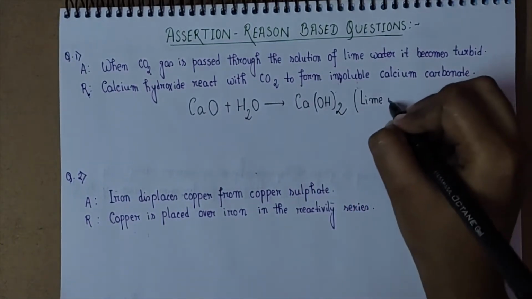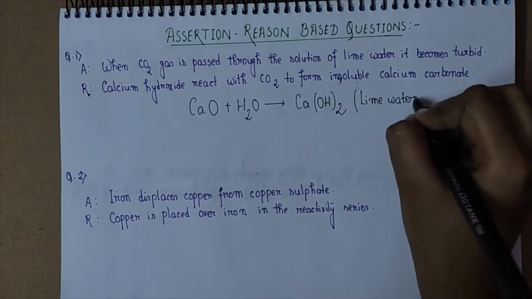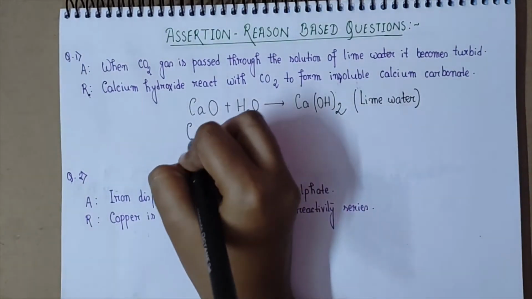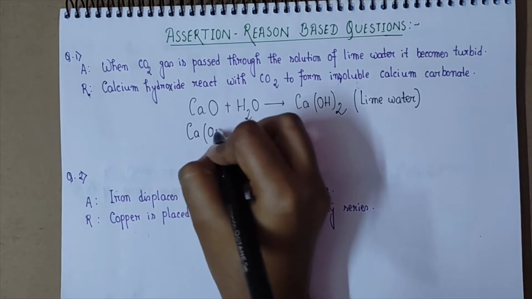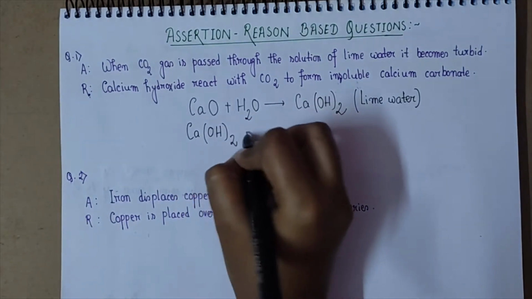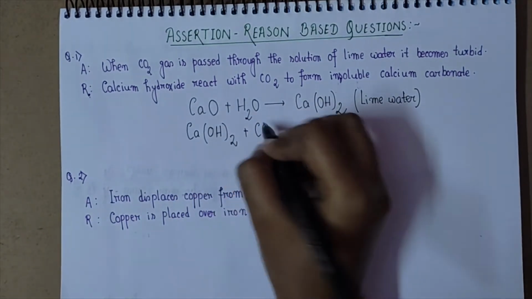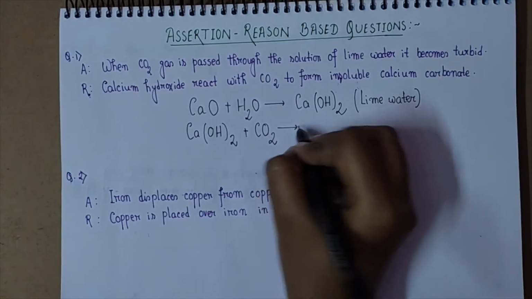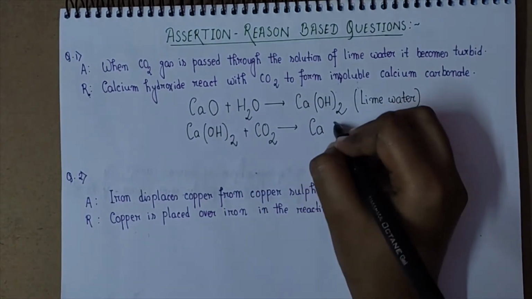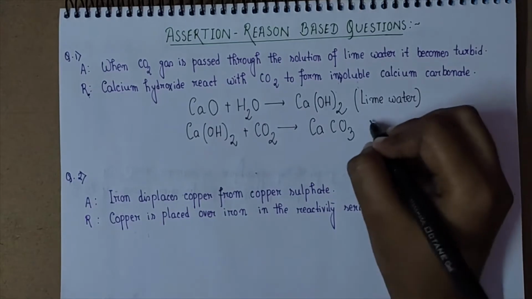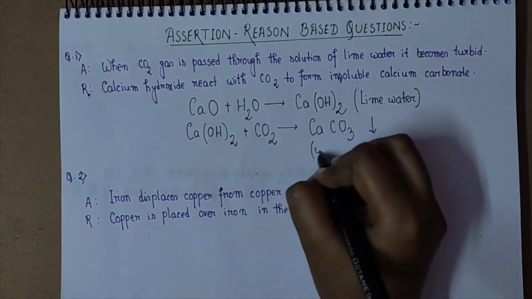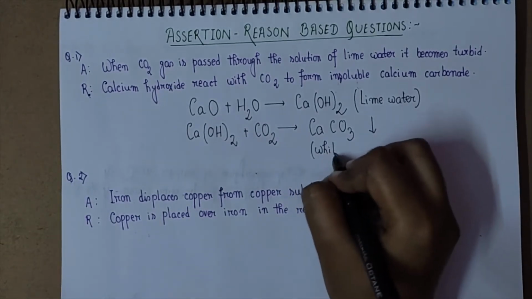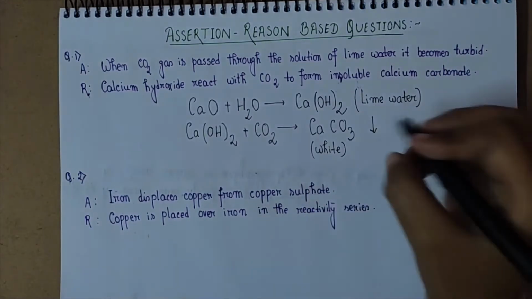Calcium hydroxide is the lime water. Now this calcium hydroxide will again react with atmospheric carbon dioxide. So what will we get? We will get calcium carbonate, which will be precipitated. A white precipitate will appear because this is insoluble in water.